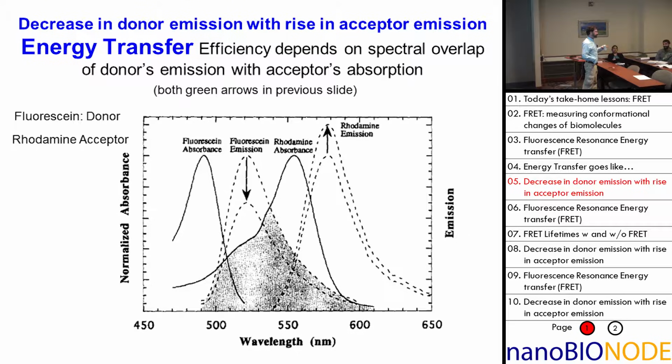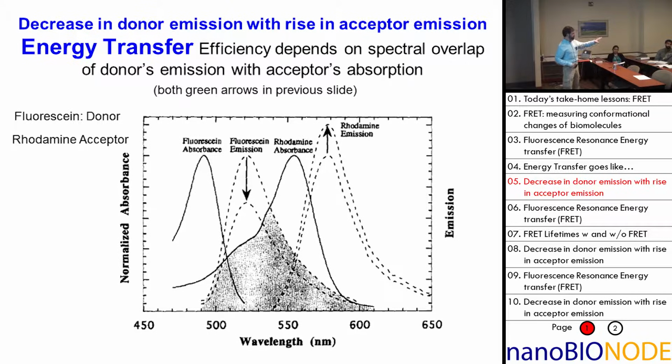Careful, not quite. E should be dimensionless. E has units of none, either 1 or 0. If it's just I_D minus I_DA or vice versa, what units is that?